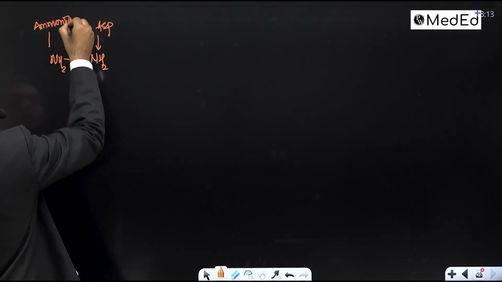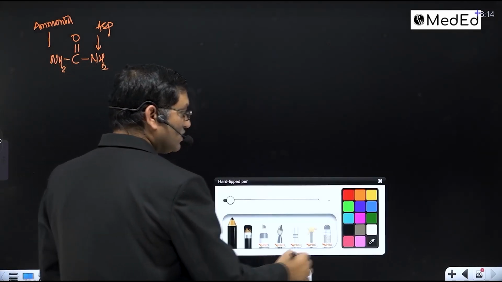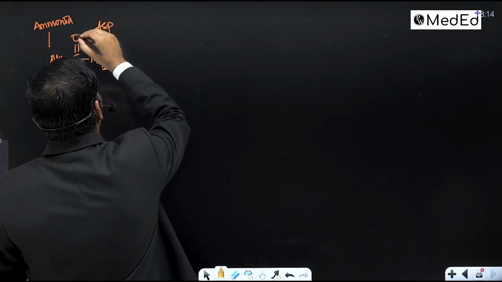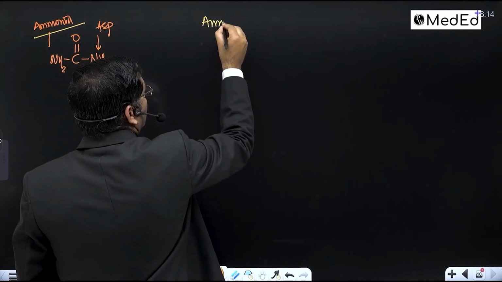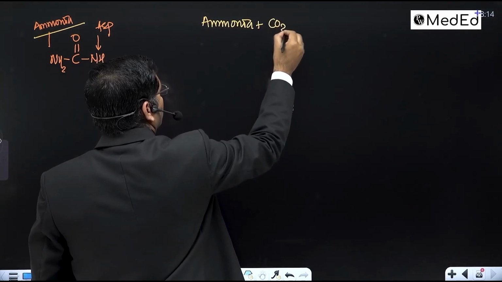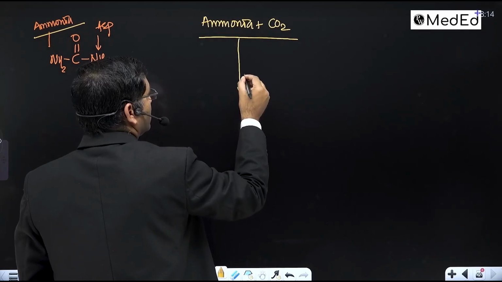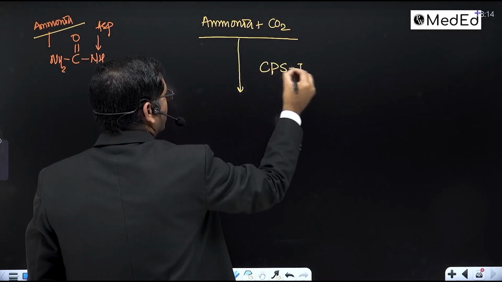So in urea synthesis, the first step involves ammonia. Ammonia, NH4 plus CO2, condenses in the presence of the enzyme carbamyl phosphate synthetase 1.